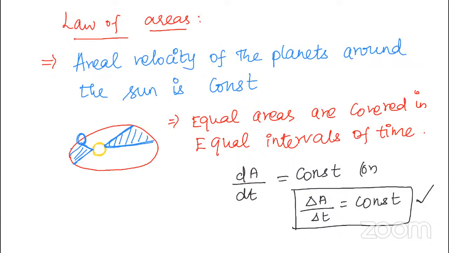So aerial velocity of the planets around the sun is always constant. Keep in mind that. So this is the equation form, that is delta A by delta T is equal to constant.